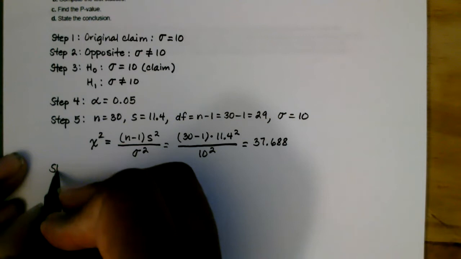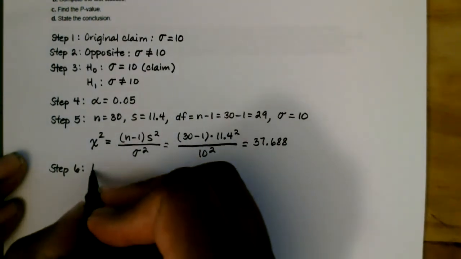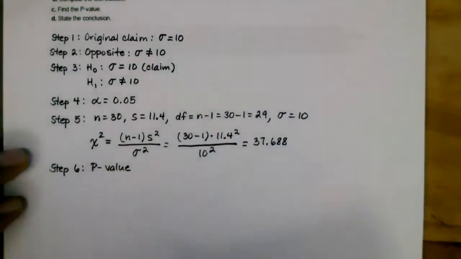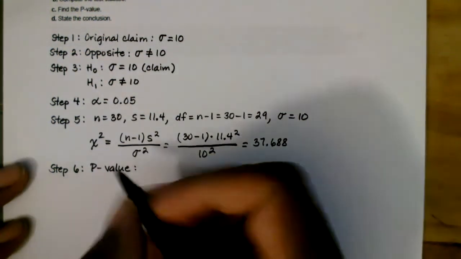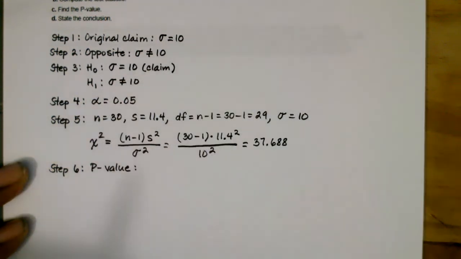Now, step number 6 is finding the p-value. And that's the probability of getting a test statistic that is as extreme as the one that we've obtained from our sample statistics. Now, take a look at your alternative hypothesis. That's going to tell you whether you have a two-tailed test, a left-tailed test, or a right-tailed test.